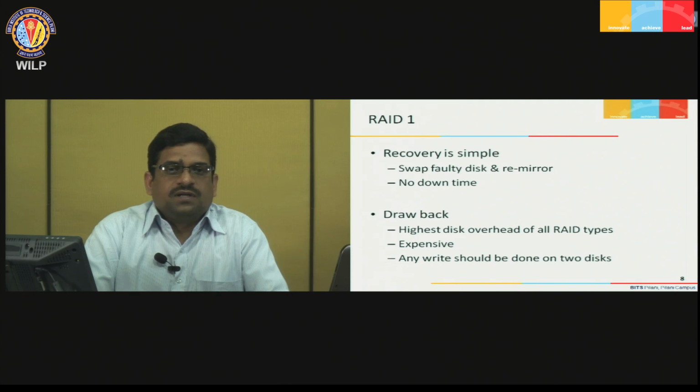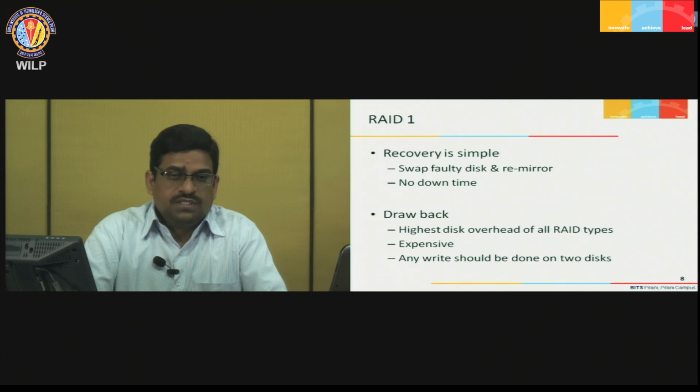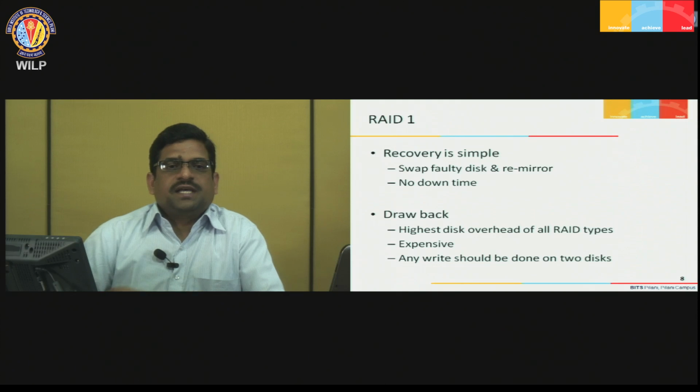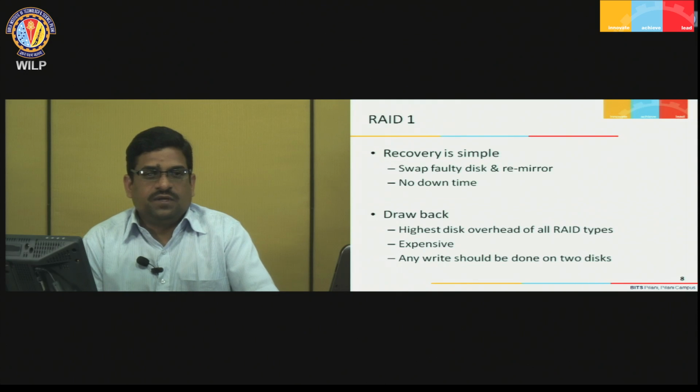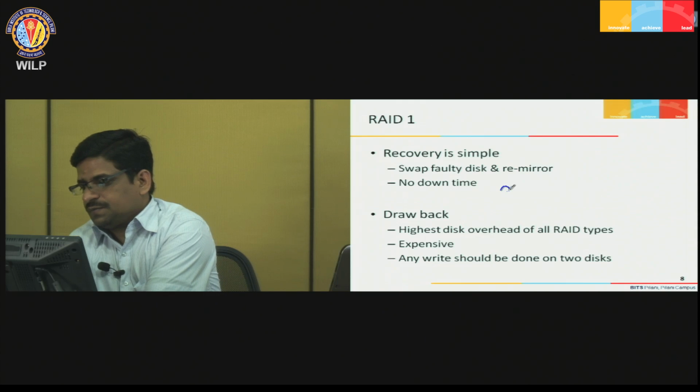The drawback of the RAID 1 system is that the disk overhead is too much, since you have just 2 copies. Let us say you have data for n disks, then for that you require 2n disks.